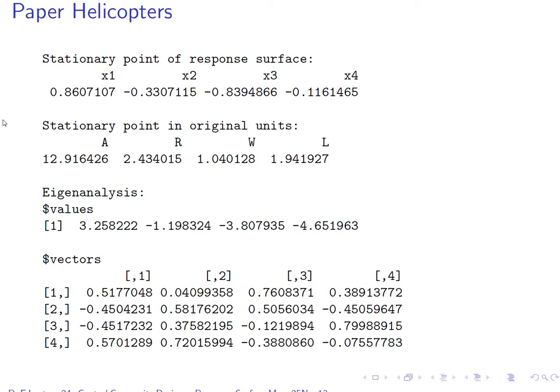And here's the stationary point in the original units, right? So this is intrinsic, extrinsic coordinate system. And here are the eigenvalues. So we see one is positive and the other three are negative.